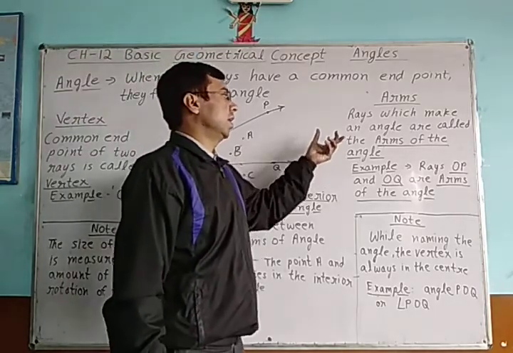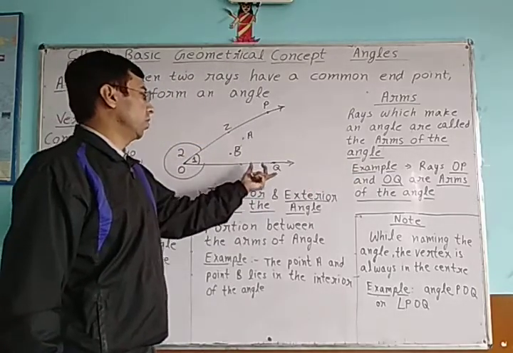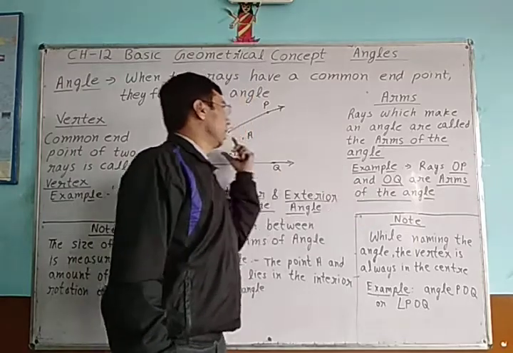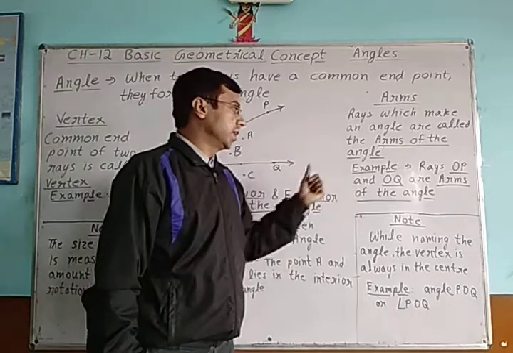Clear? Rays which make an angle are called the arms of the angle. So ray OP and ray OQ are the arms of the angle.